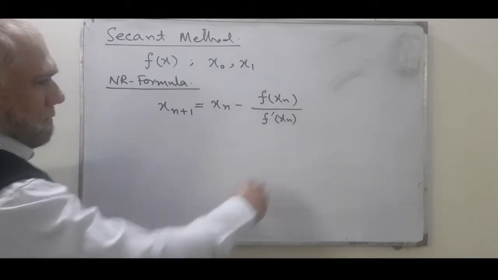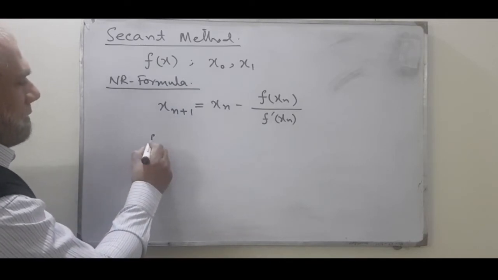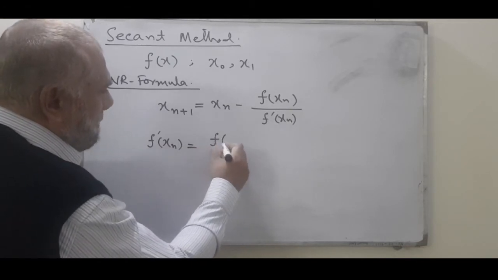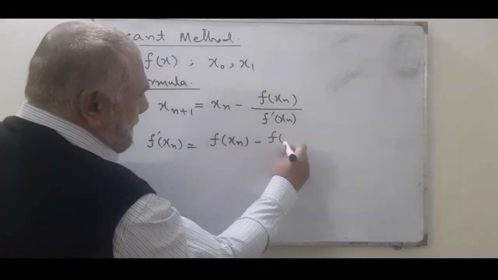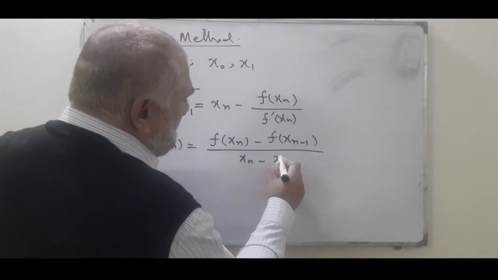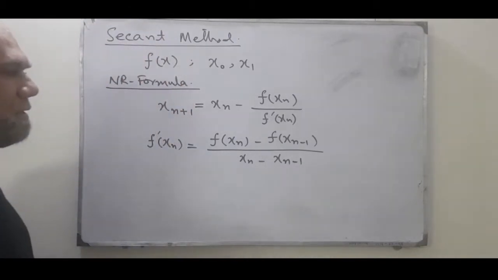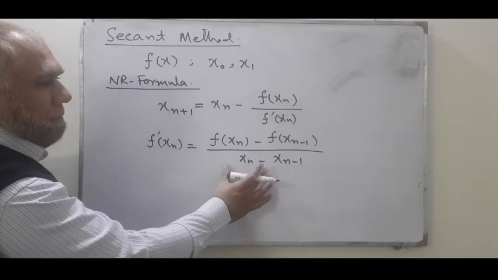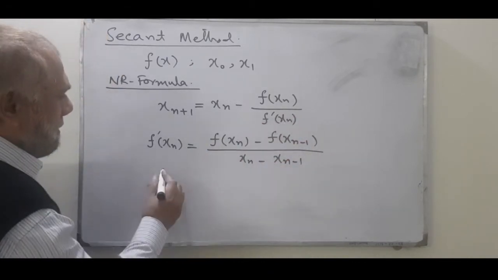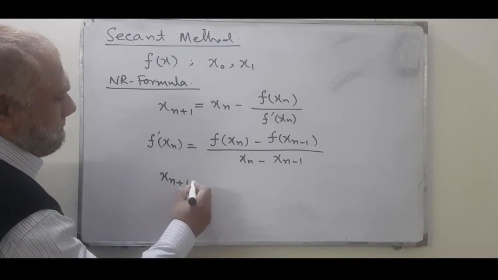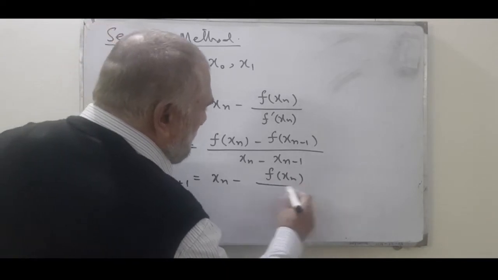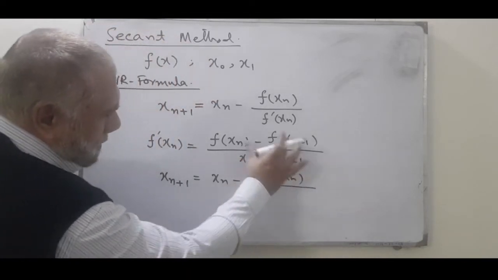Now we replace this derivative with a difference relation of the form (f(xn) - f(xn-1))/(xn - xn-1). Substituting it into the formula, we get x(n+1) = xn - f(xn) divided by the whole difference relation.